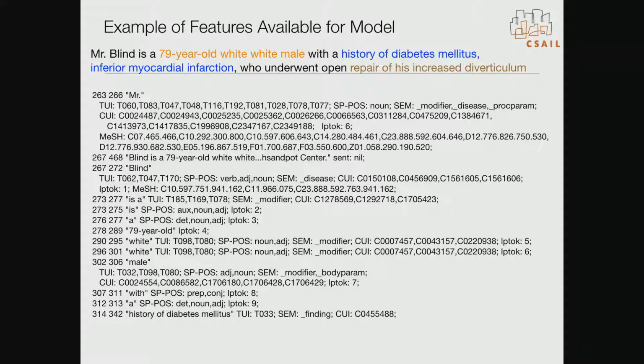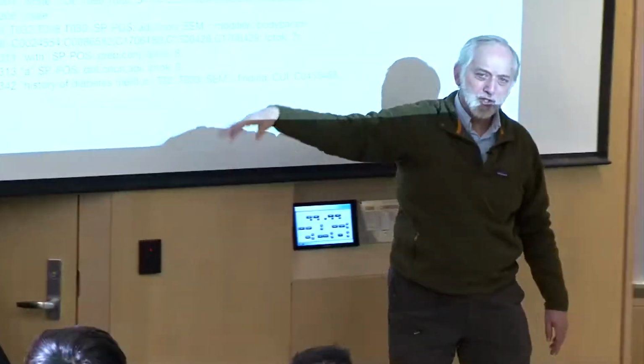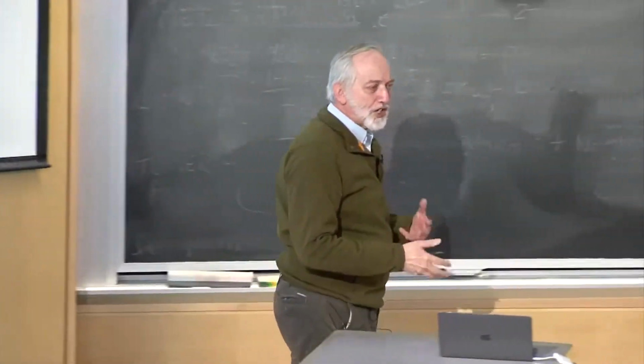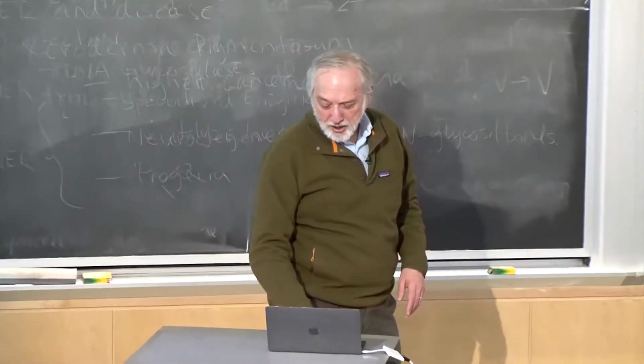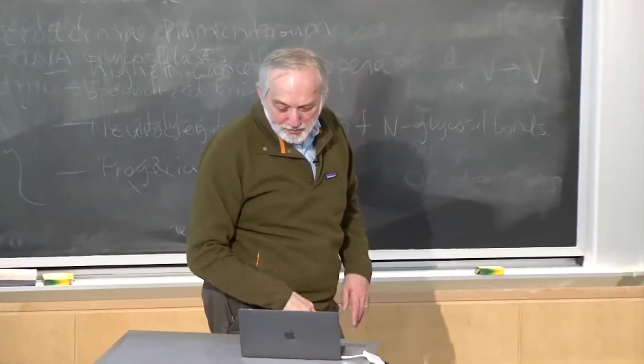Blind turns out also to give you various ambiguities, so it maps here to 4 different concept unique identifiers. 79-year-old is okay, and then male again maps to 5 different concept unique identifiers. So there are all these problems of overgeneration from this database. And here's some more, but I'm going to skip over that.